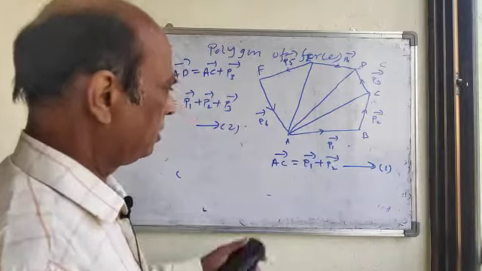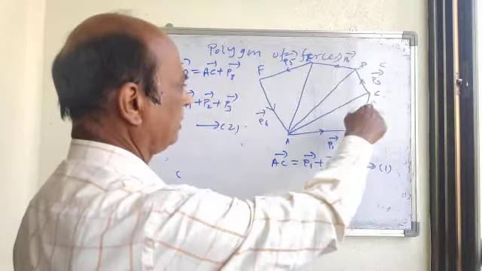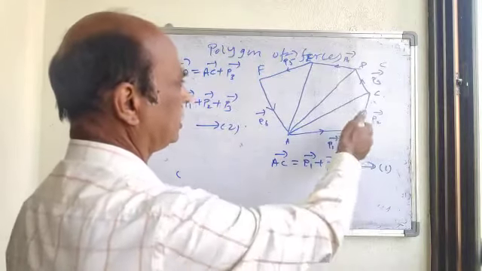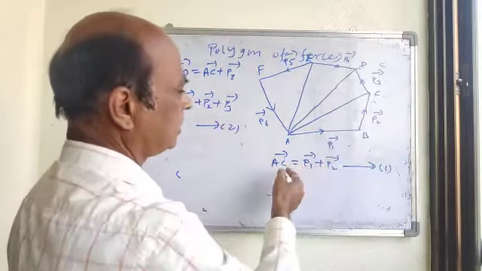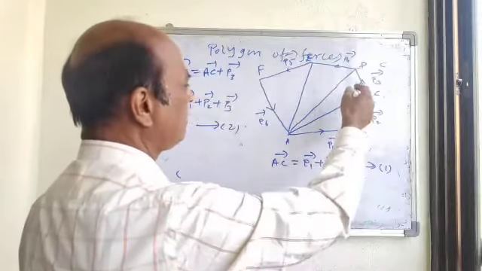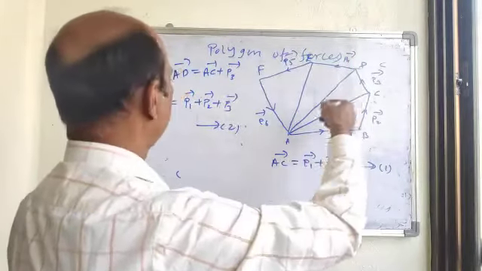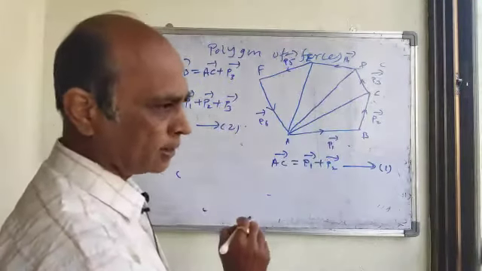Again see, AC bar, it means this AB bar and P1 bar and P2 bar, the resultant of it is represented by AC bar. So this AC bar is equal to P1 bar plus P2 bar, that is equation number 1. Now this resultant AC bar and P3 bar is represented by this AD bar, and therefore this AD bar is equal to P1 bar plus P2 bar plus P3 bar.